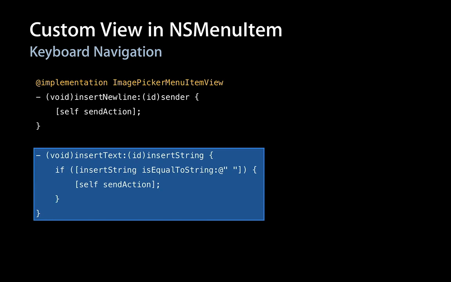So when key bindings doesn't find some action associated with that, it will call insert text. So we override insert text, and we look for the space string that has to be inserted. And if that's the case, again, we want to go ahead and send the action and commit that item and dismiss the menu.